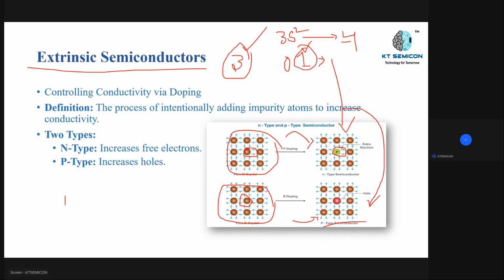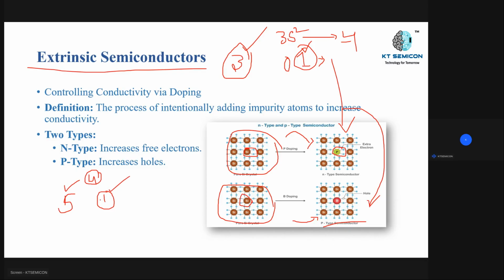When we add fifth group impurities, which means pentavalent impurities, up to now we have only 4 electrons in the outermost shell. But when we add fifth group elements, we get one more extra electron. That electron is ready to be donated to another atom. So at this time we have a larger number of electrons, right?